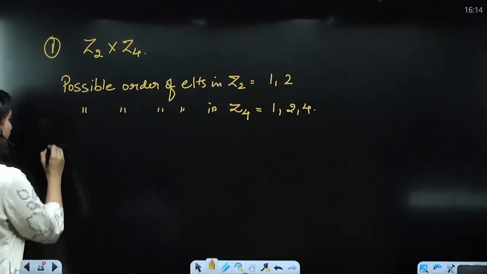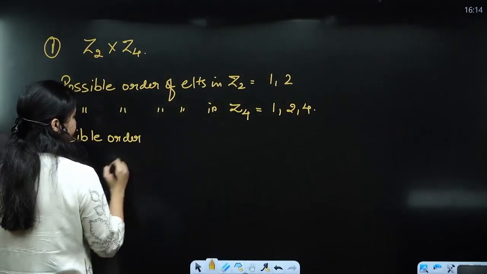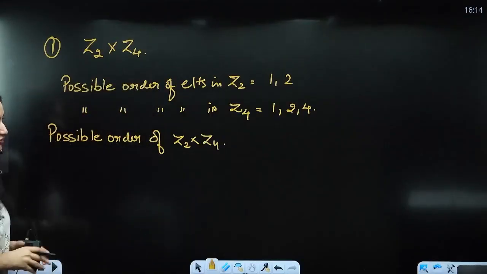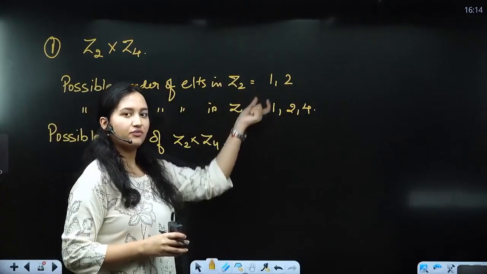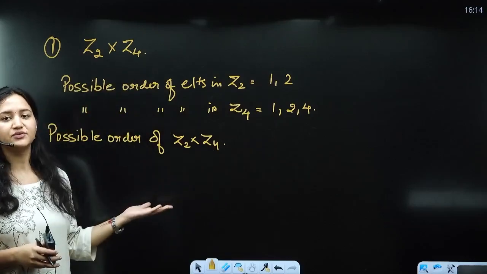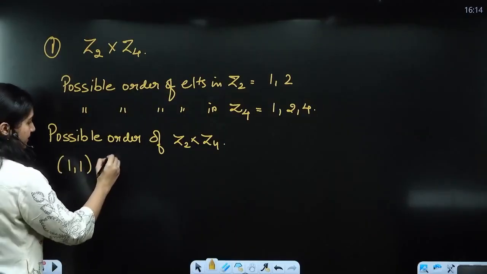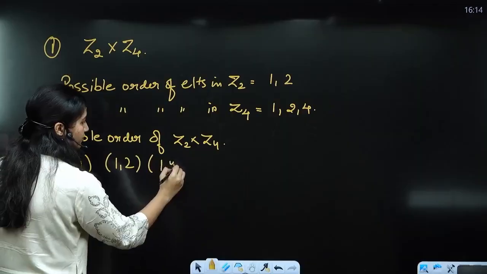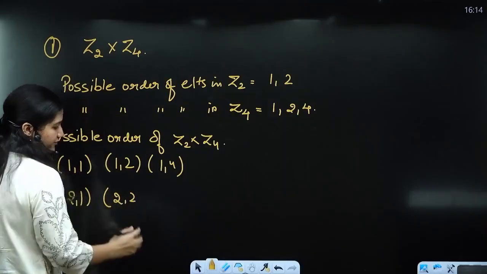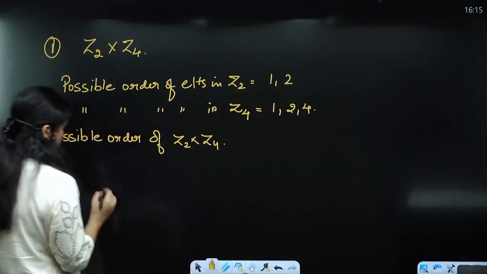Now this gives us the possible orders of Z2 cross Z4. They are going to be for each and every pair of the orders of the respective groups that we are taking. We are going to take LCMs for all those possible pairs. So the possible pairs are 1 comma 1, then 1 comma 2, then 1 comma 4, and then the second one is 2 comma 1 and 2 comma 2, and 2 comma 4.